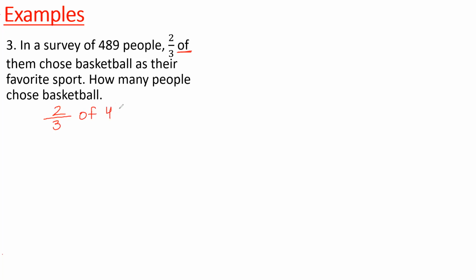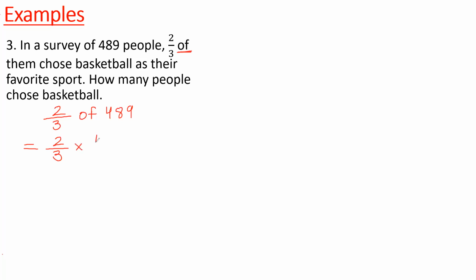Now, when we say of, what does of mean? Of means that we're gonna multiply. So if we say 2/3 of 489, that means we're gonna multiply. And so it's gonna be equal to 2/3, multiplied by what?